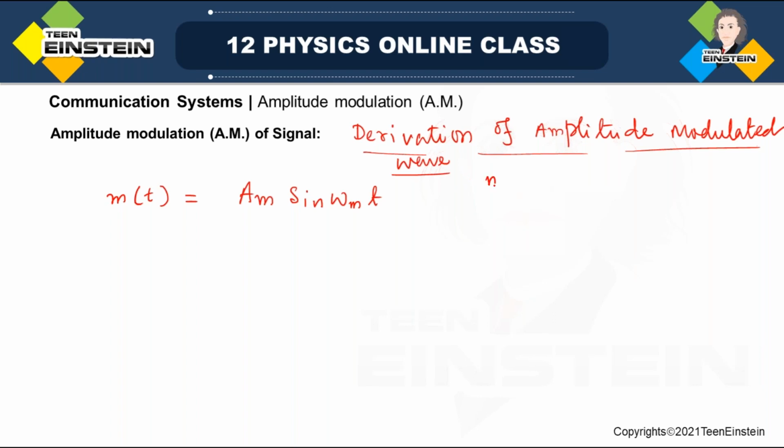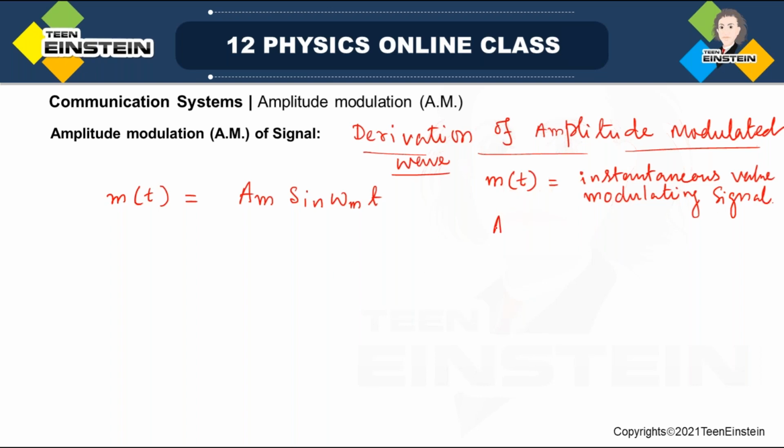This m(t) is the instantaneous value of the modulating voltage or message signal, just like the instantaneous value of other waves.